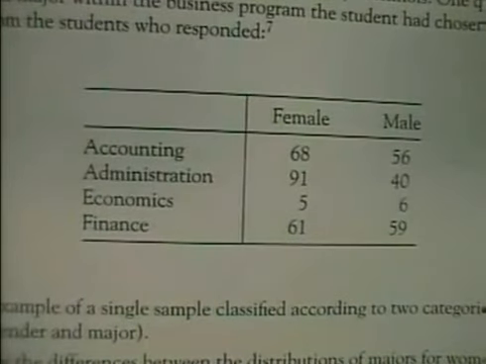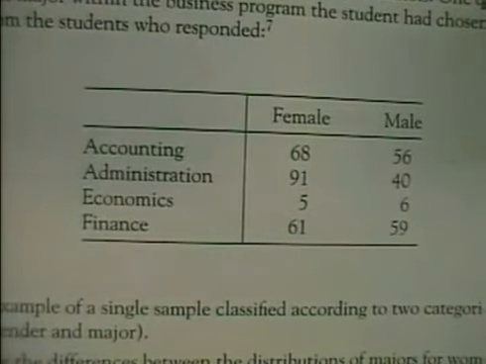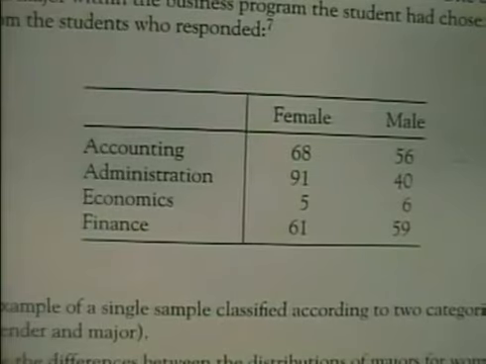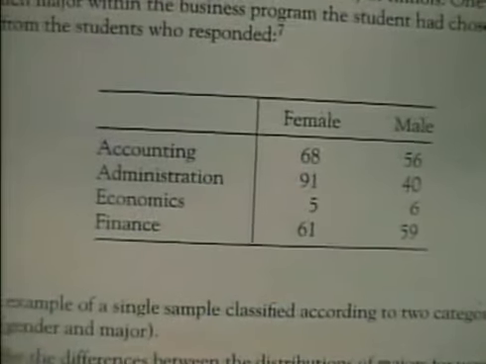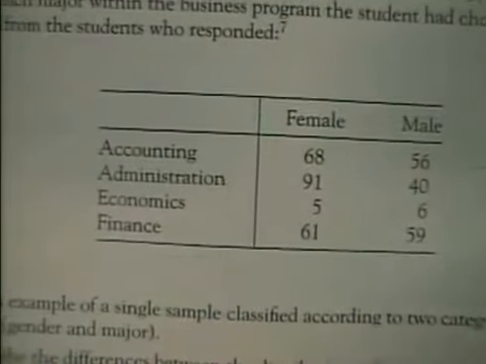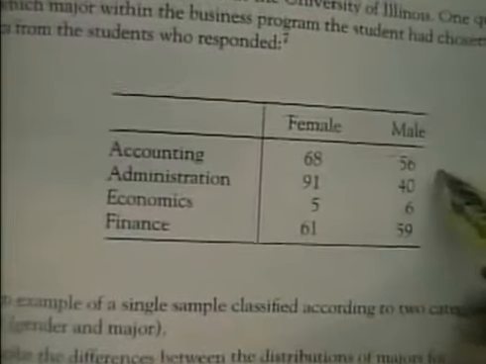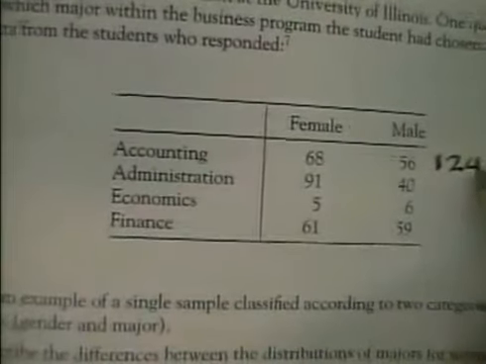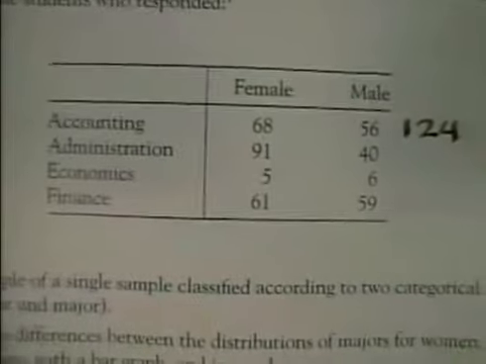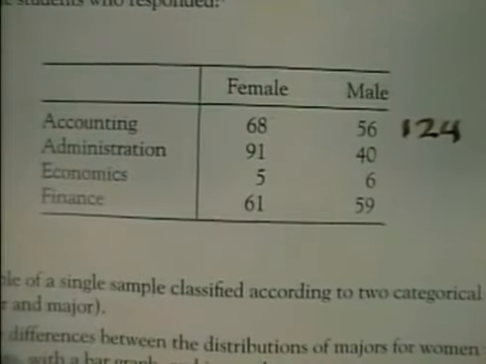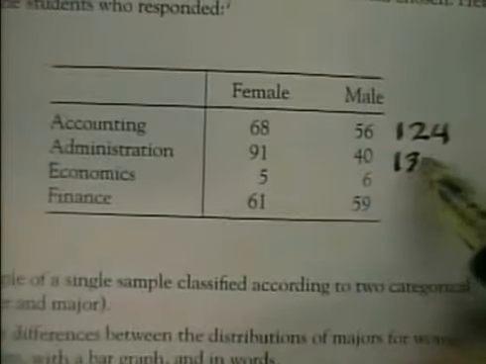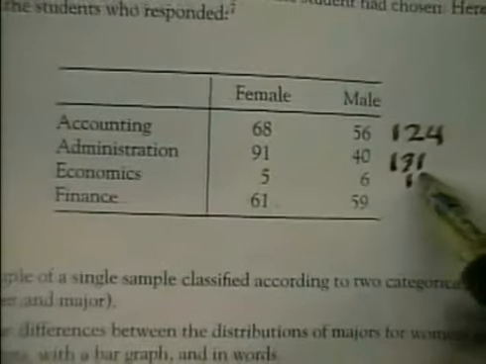Is this going to work? Not well. Okay, let me change what I'm doing here. And I'm going to go ahead and write this in. 124. Okay, the next one's what? 131? Agreed? The next one's a much easier one.